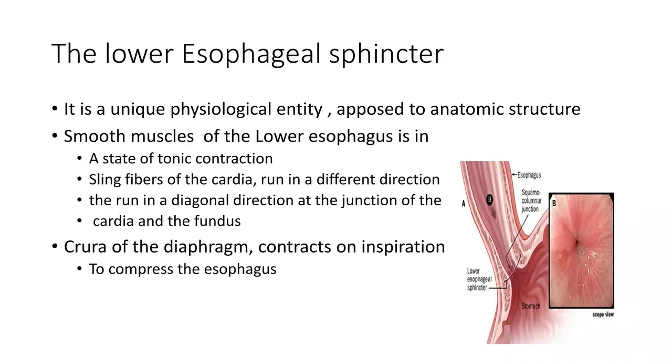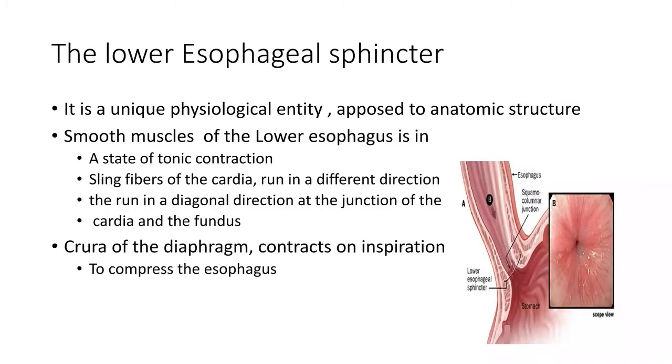However, there are a few mechanisms that will contribute to the constant high pressure at that area that will prevent the acids and the bile from refluxing back from the stomach to the esophagus. So it's a unique physiological entity as opposed to a definite anatomic structure.